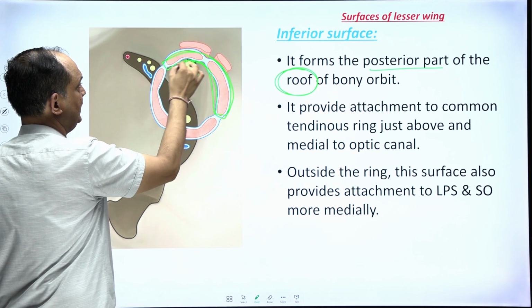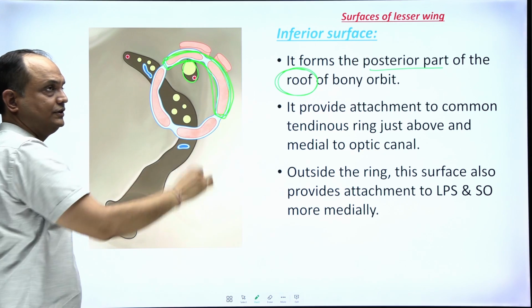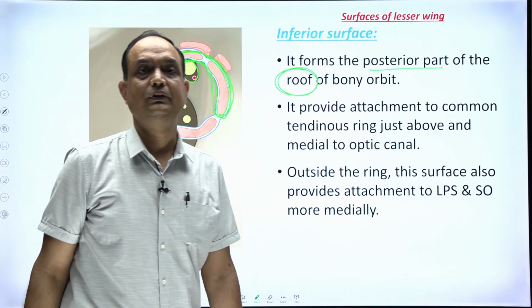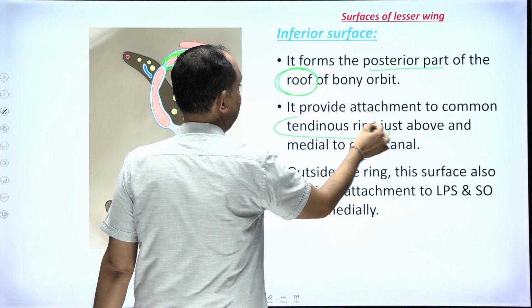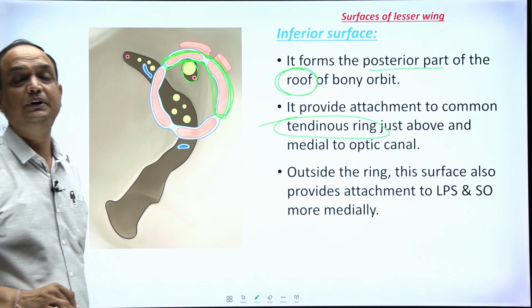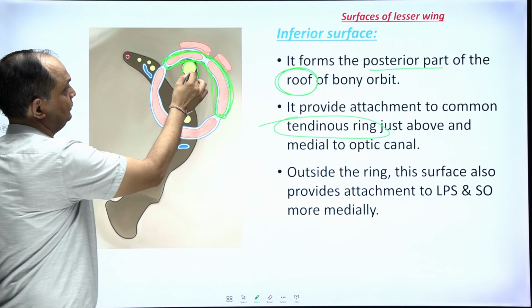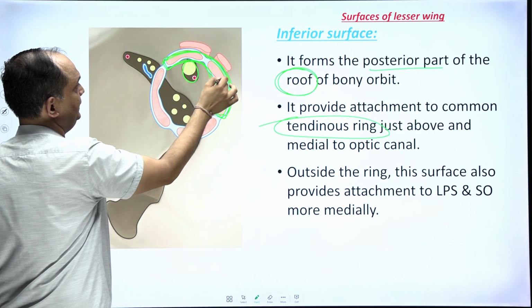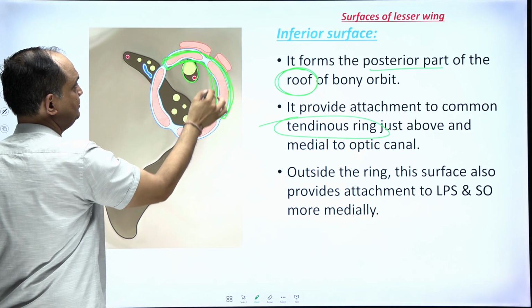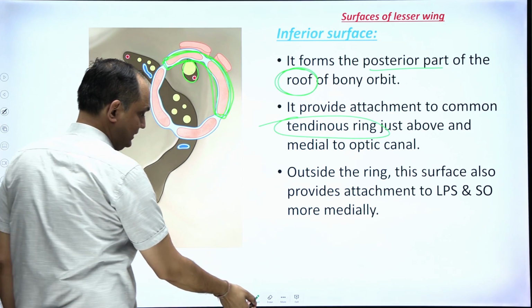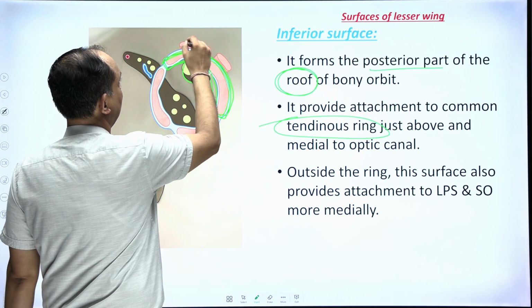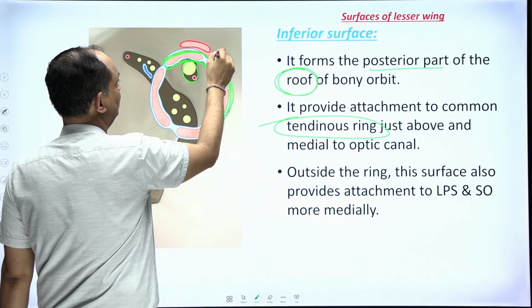So what are the structures on the inferior surface of the lesser wing? The answer is that it provides attachment to the tendinous ring just above and medial to the optic canal. Clear?